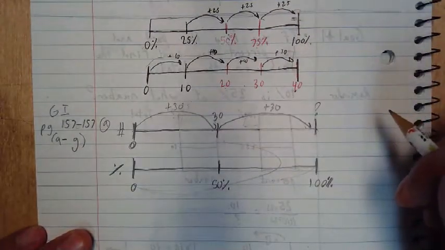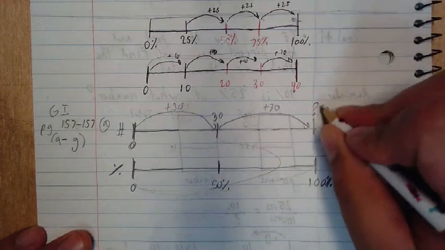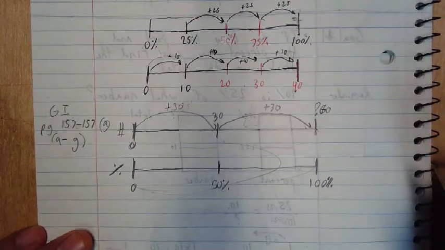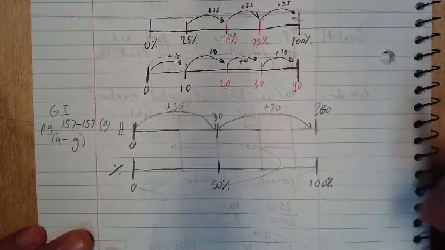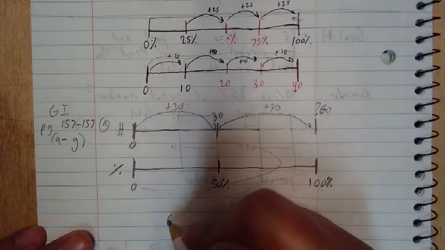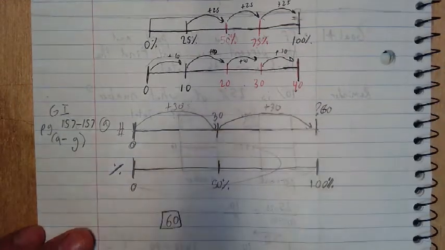Now that becomes 60. So the answer here is 60. It's all about what you know and don't know. Don't overthink this.